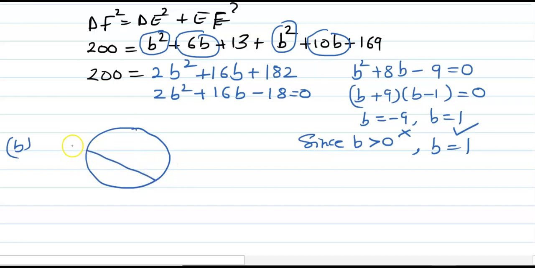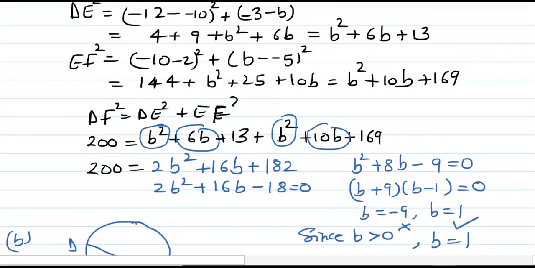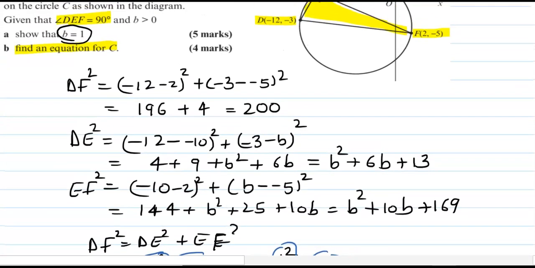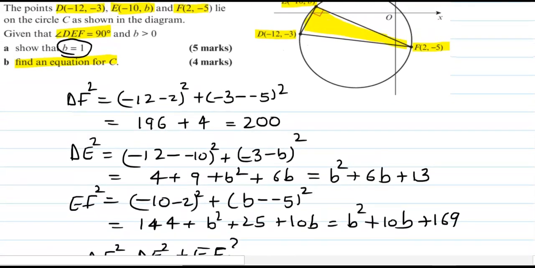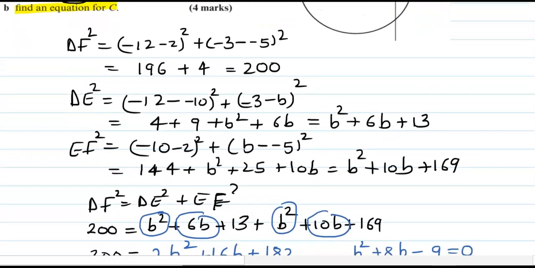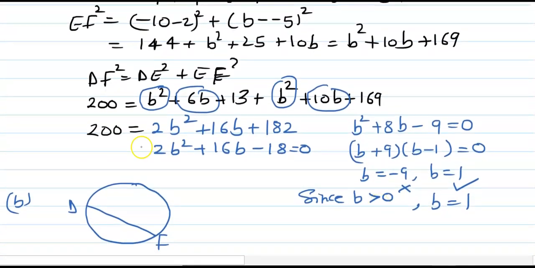I think D and F is diameter. Let me have a look. Yes, D and F is diameter, that is minus 12 minus 3 and 2 minus 5.